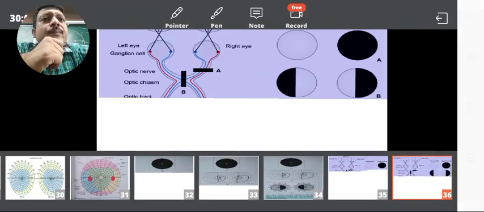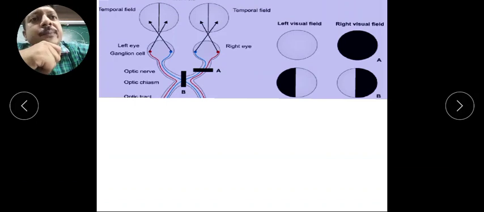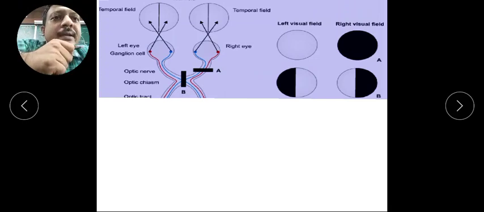Now, if the pituitary tumor compresses the temporal fibers of the right optic nerve and the temporal fibers of the left optic nerve, then there will be binasal heteronymous hemianopia.